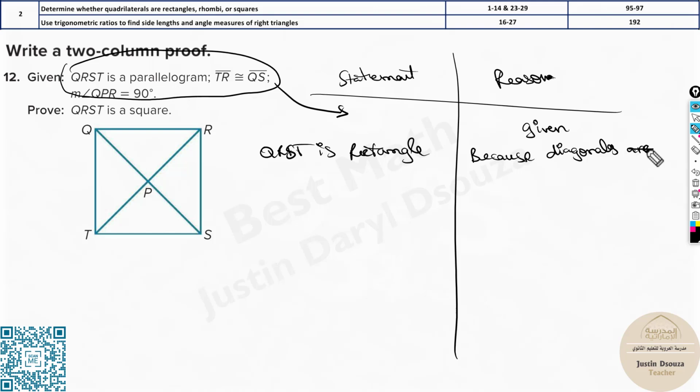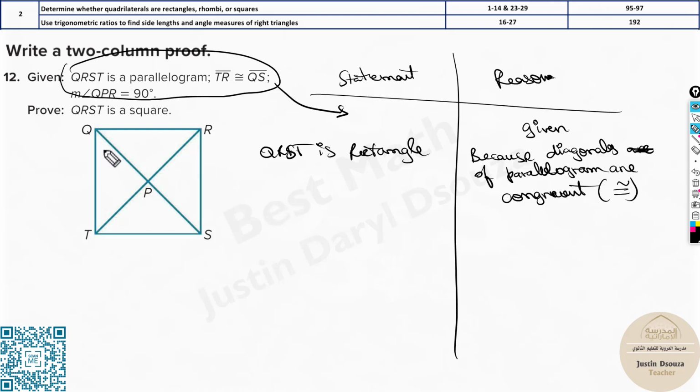Here you should write diagonals of a parallelogram are congruent to each other. Now, if you want to write it in short, you can just write congruent as the symbol. That's enough. And then what next can we write?